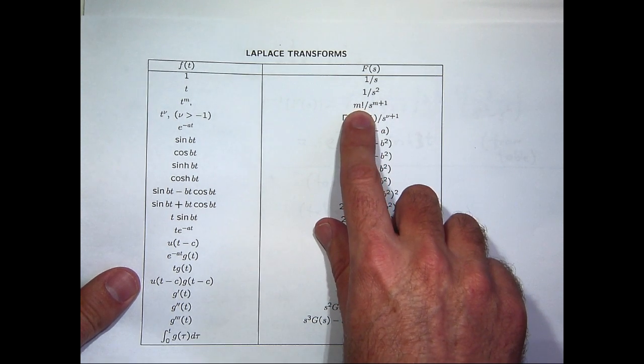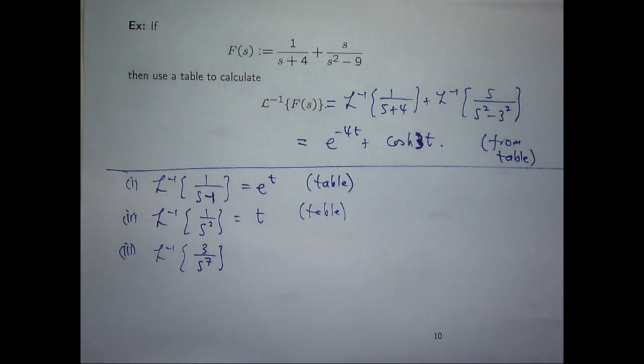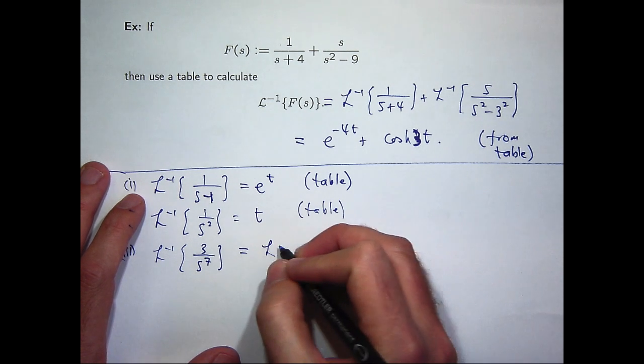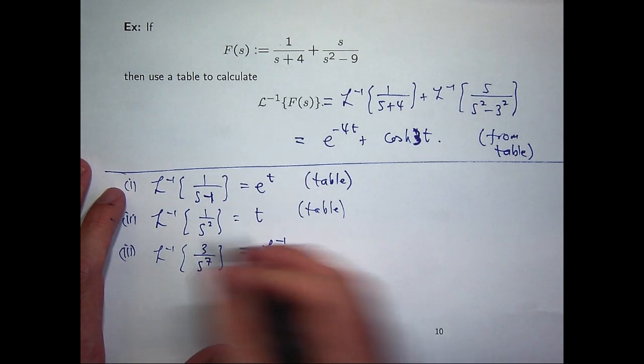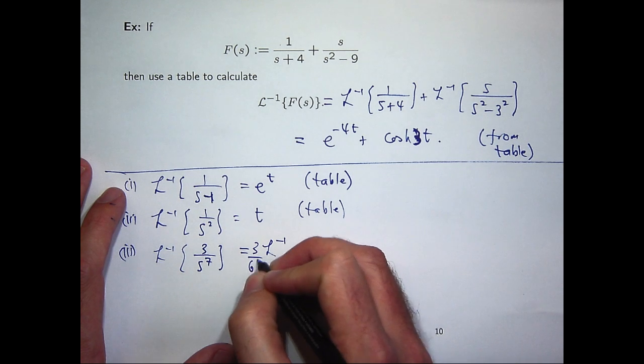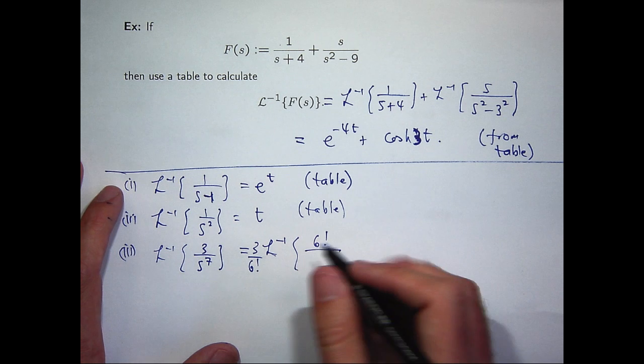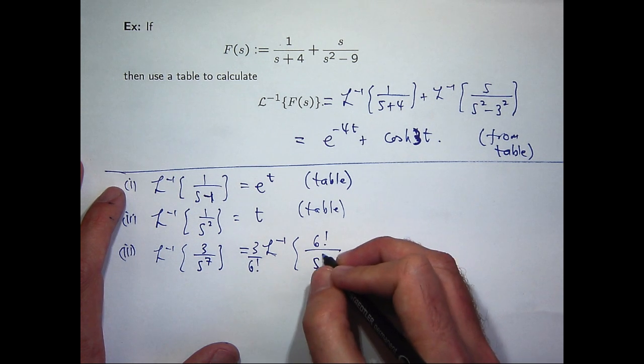But notice I've got this m factorial up the top, so I have to do a little bit of adjusting there. So if I, say, bring that 3 to the front, I can form the following, just by dividing and multiplying by 6 factorial.